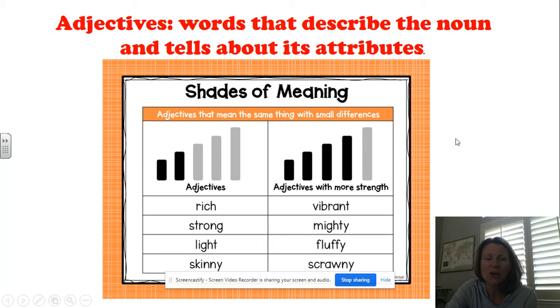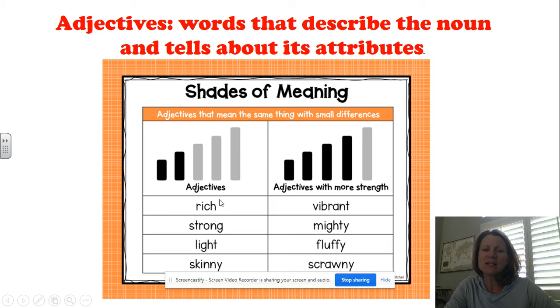So if you look here, shades of meaning, we've got our regular adjectives here, and then adjectives with more strength. This is supposed to be like bars on your cell phone when you can't play the game, and you go somewhere and you have boom, boom, boom, boom, more bars, and your signal is strong. So this is the same thing.